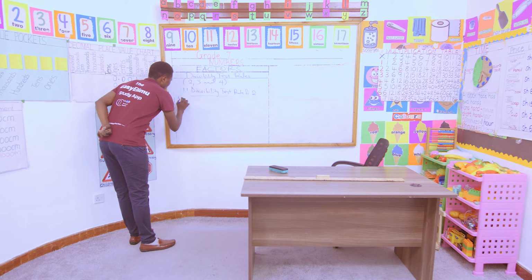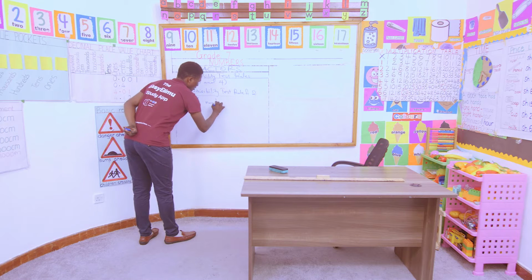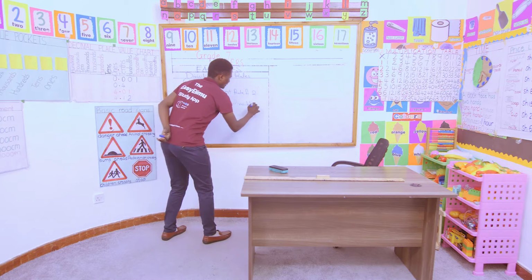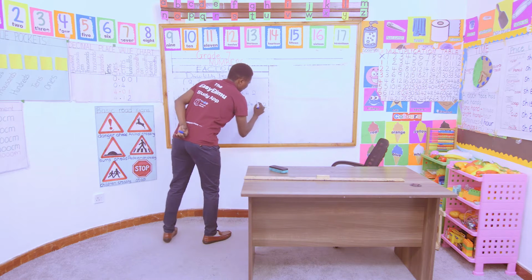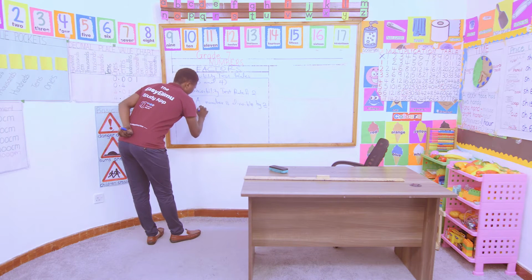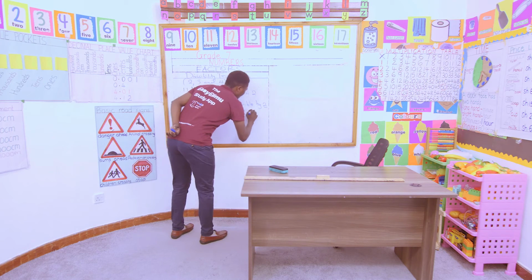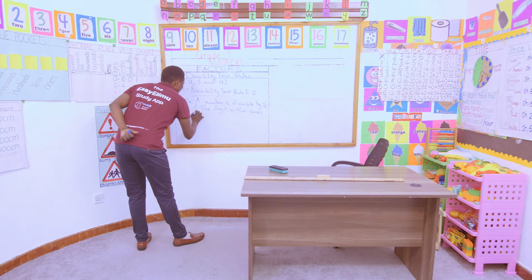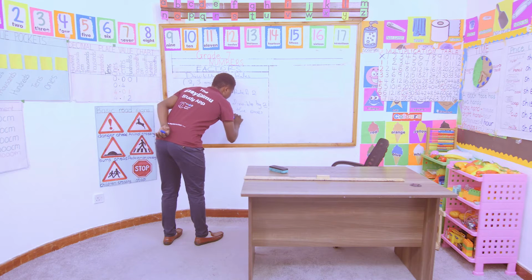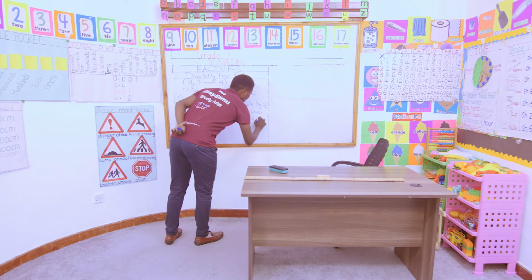So rule, you can write: a number is divisible by 2 if the digit in the ones place value is 0, 2 itself, 4, 6, or 8.